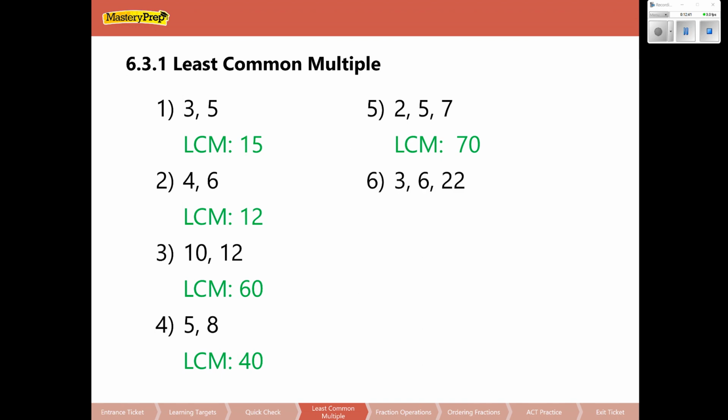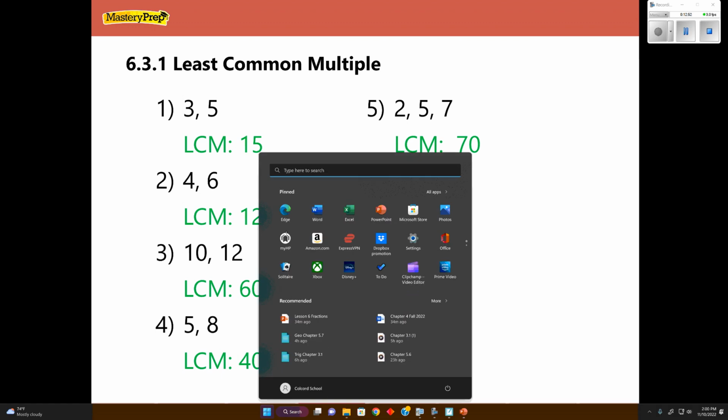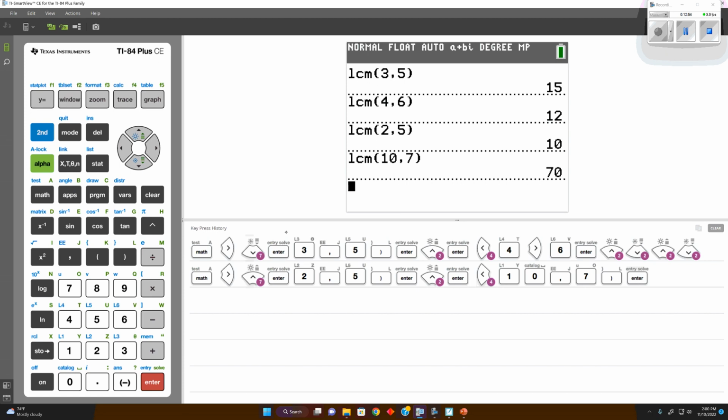So we can do, because we have another one, 3, 6, and 22. So we have 3 numbers, and the calculator will only do 2 at a time. So the first one we could do is 3, comma 6.